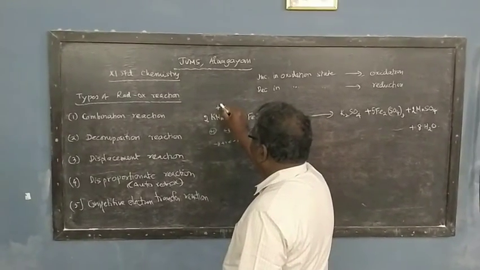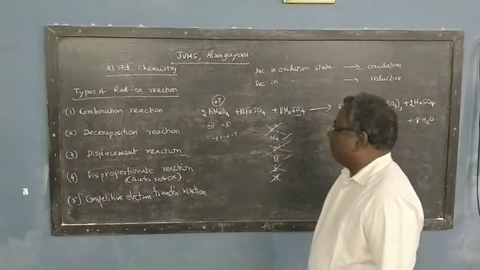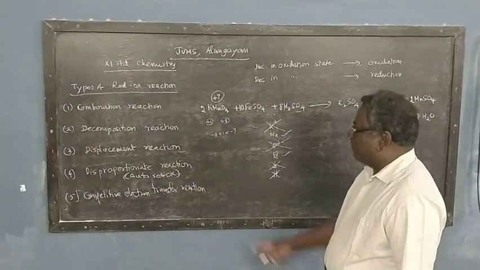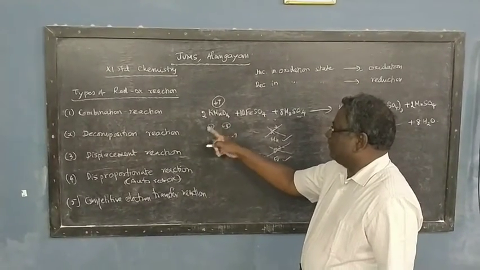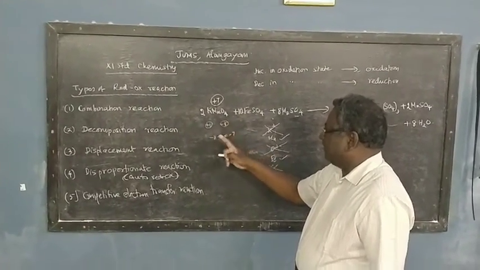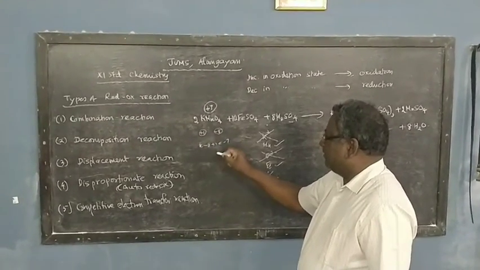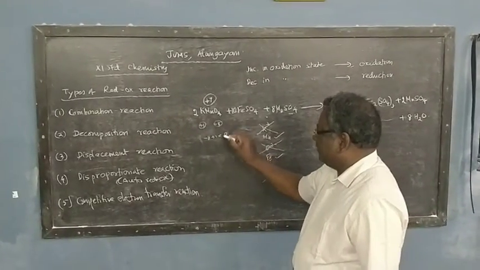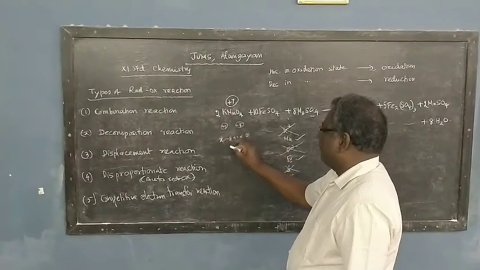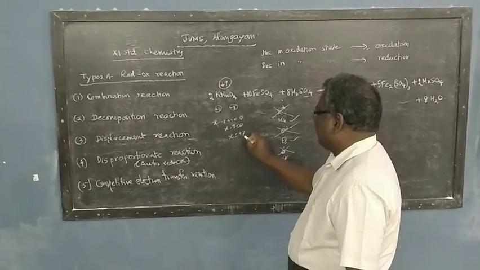Therefore, oxidation state of manganese in this is plus 7. Right? And I will add 0. For this, x plus 1 plus minus 8 will come to minus 7. This is equal to 0. This is how we calculate. So this will become x minus 7 equal to 0. Therefore x is equal to plus 7.